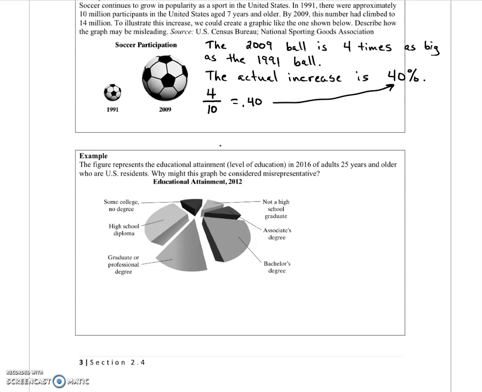Why might this be considered misrepresentative? Well, here's the problem. Because it's 3-dimensional, it looks like this pie piece is much bigger than, say, this pie piece.